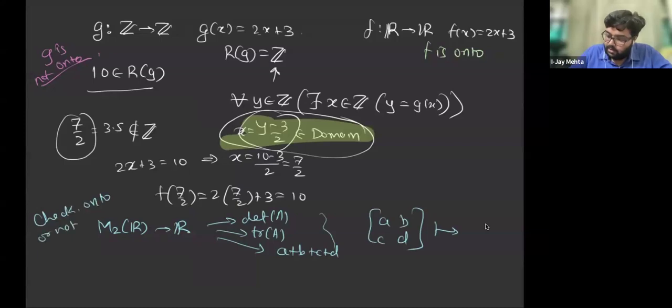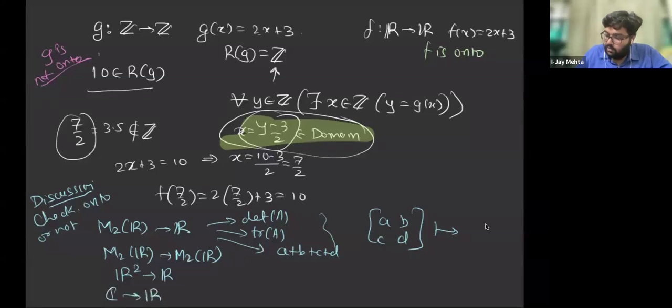And this is for discussion. Then you had some functions from 2 cross 2 matrices to 2 cross 2 matrices, and then R2 to R, and then C to R, and then a function on R[x].